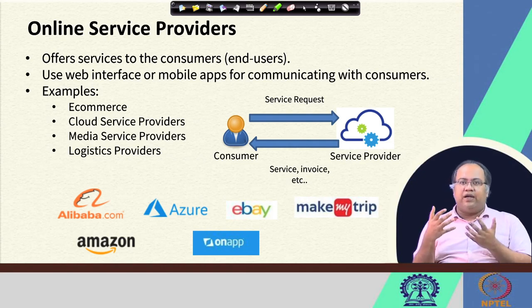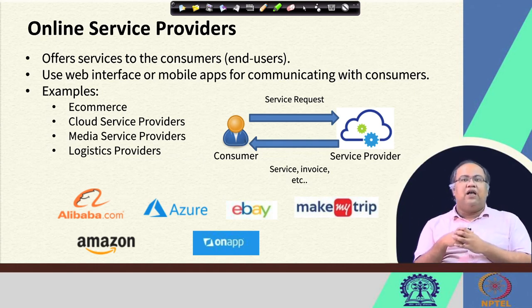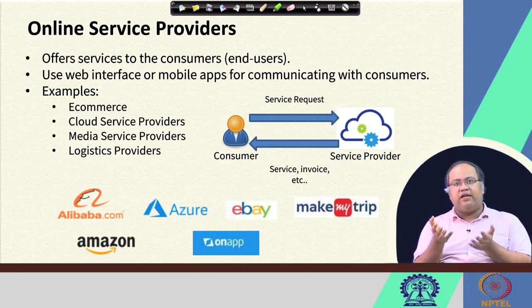There are also different B2B marketplaces where different service providers can exchange goods and services among themselves. Another such use case is in the logistic provider like Make My Trip or Trivago or Booking.com.